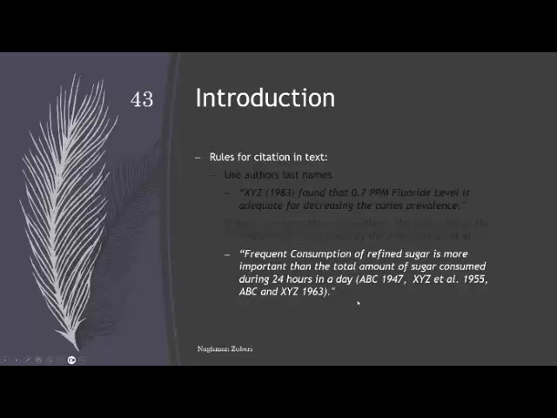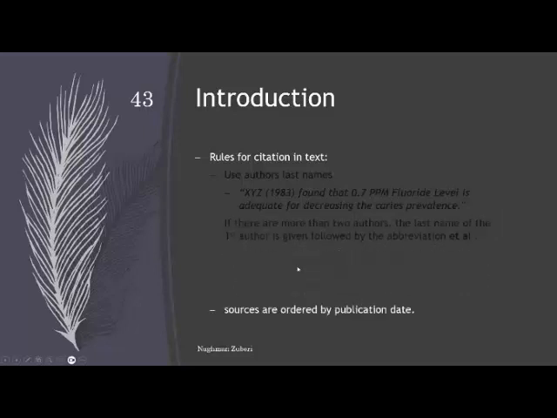So what is going to happen in this case, as I told you, always order the publications in chronological order so that the research or the study conducted earlier should be cited first, and then subsequently the other studies till the latest one.